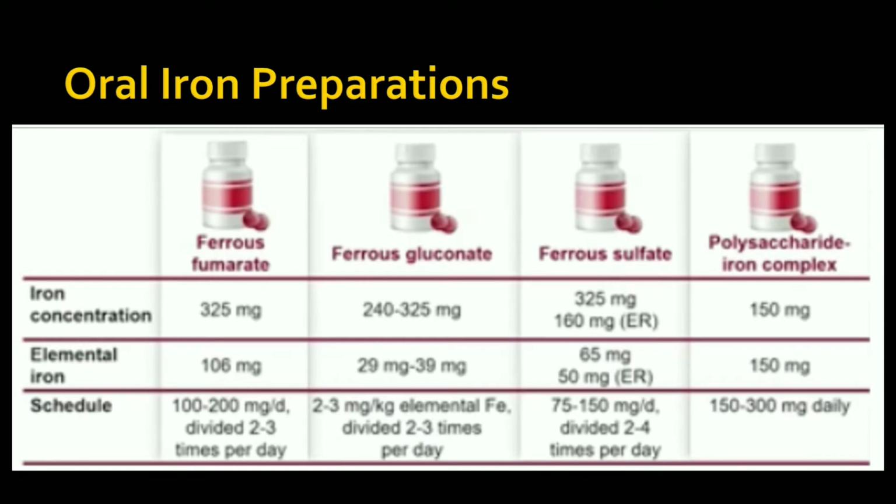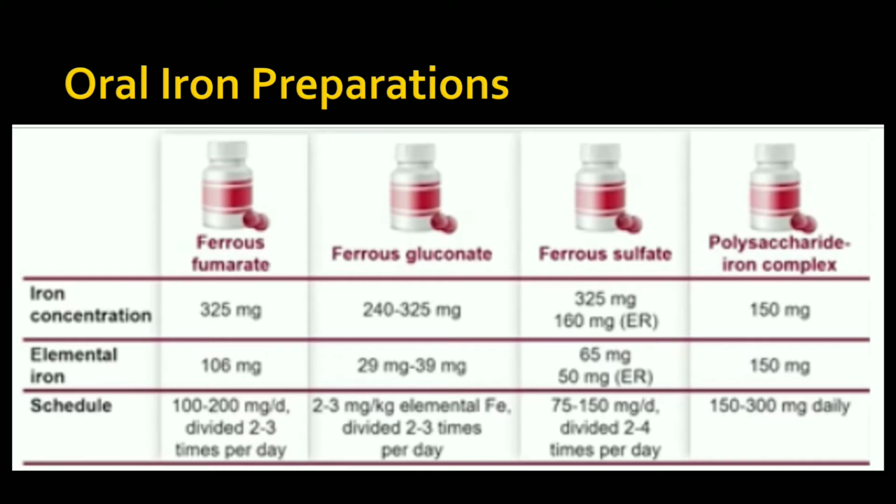The next is ferrous gluconate, which contains 240 to 325 milligram of iron. Ferrous gluconate is sold in the form of Sangobion in Pakistan, but the elemental iron in that is about 29 to 39.